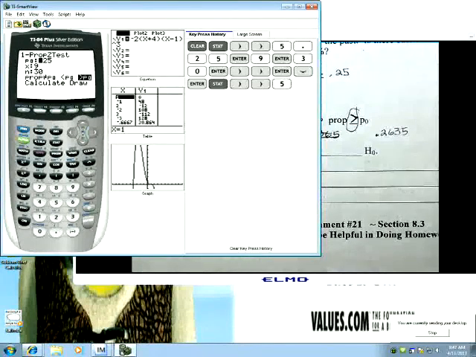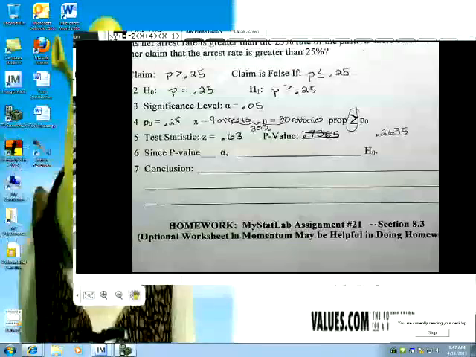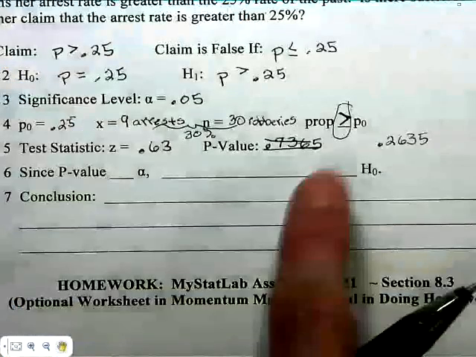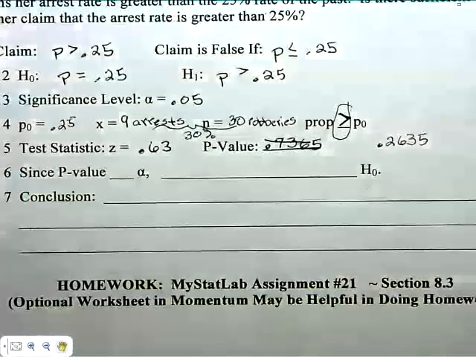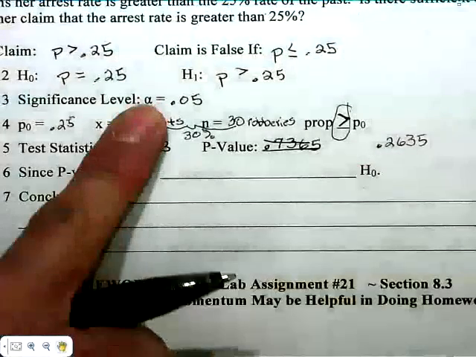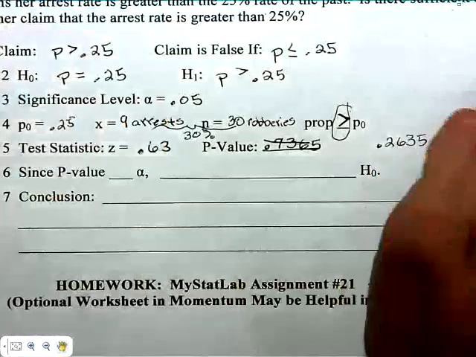How does that compare to my significance level? I don't compare Z to alpha or Z to P. I compare what? P to the alpha. The 0.2635 is greater than my significance level.